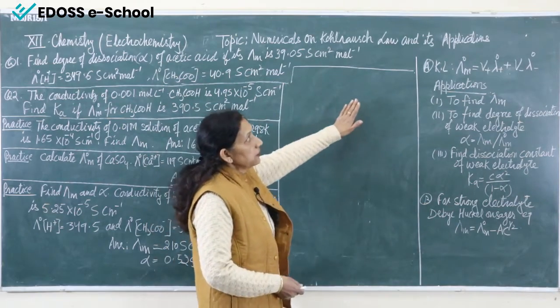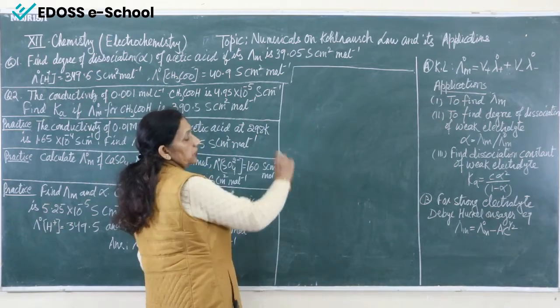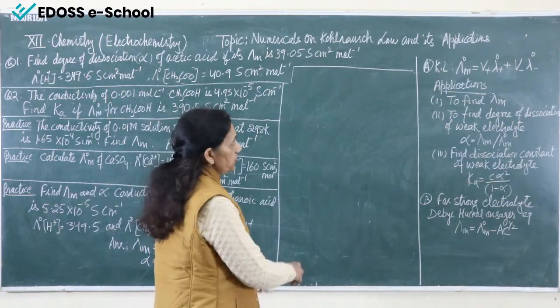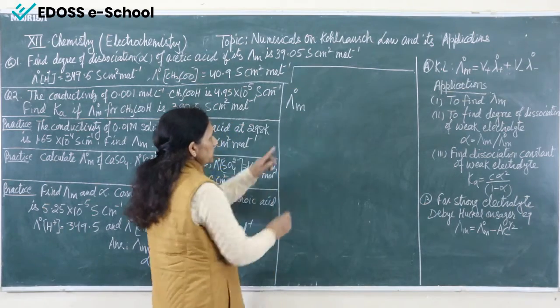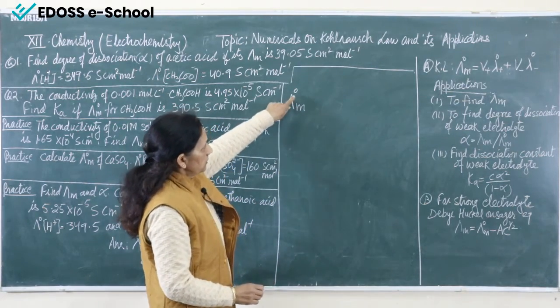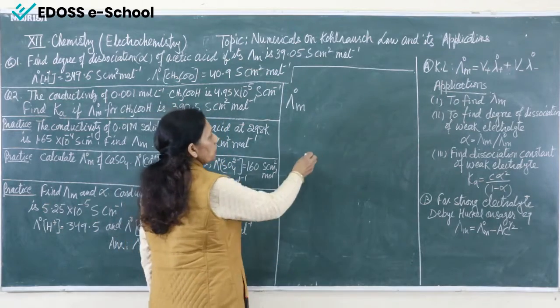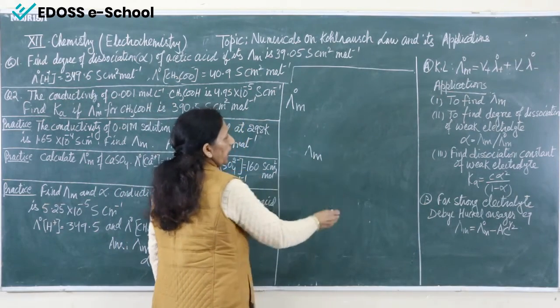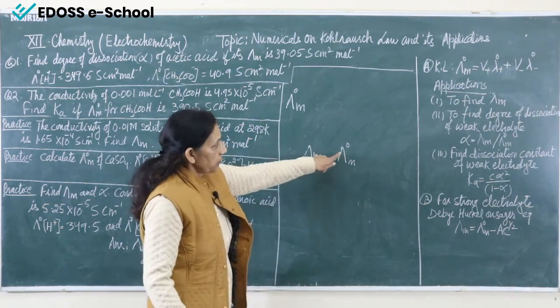Now see here, first of all coming to Kohlrausch's law. If you want to learn the definition of Kohlrausch's law, I am writing here lambda. In our previous video we talked about lambda m, and one more symbol is lambda m with a naught sign on it.